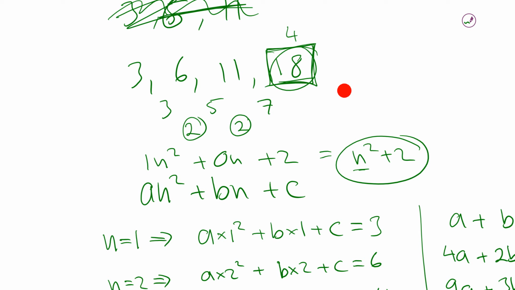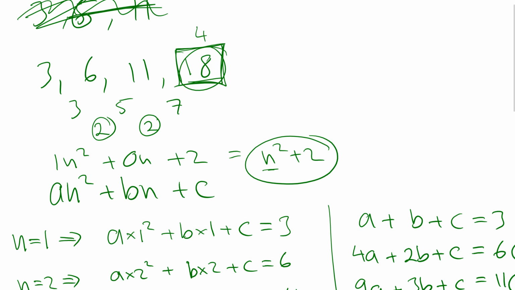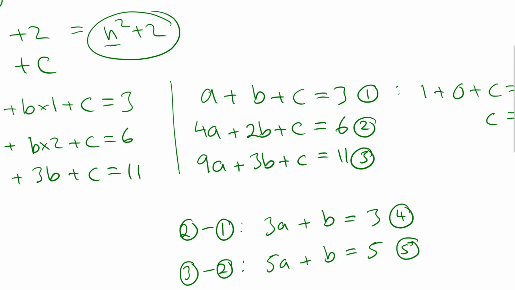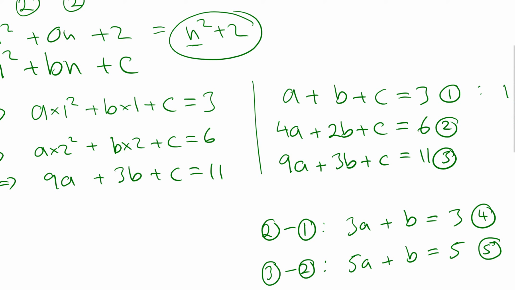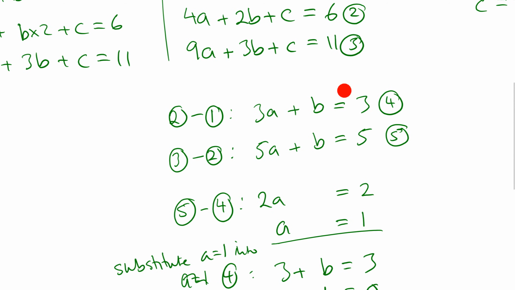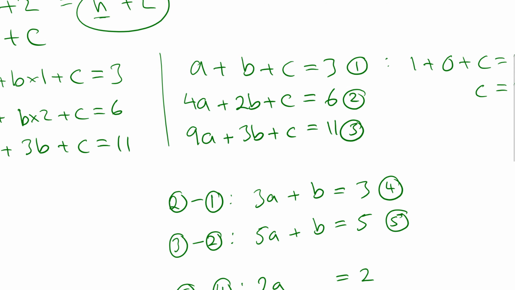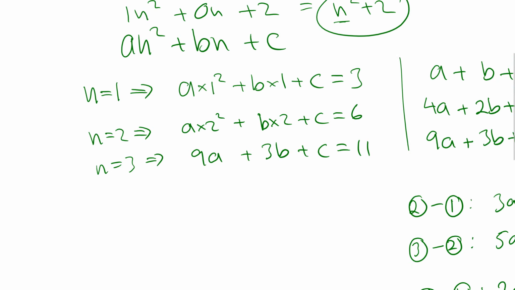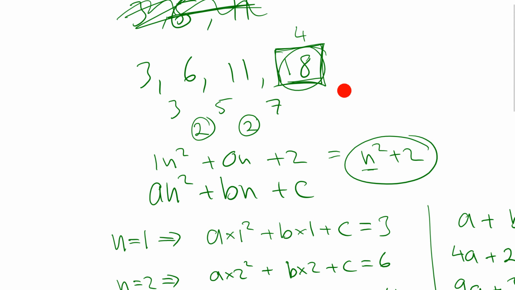Hopefully you're getting a bit more confident with this, although it looks like some crazy math because you're doing simultaneous equations with 3 equations, but every single time is pretty much the same thing. The first thing is, how do you recognize an n squared pattern?